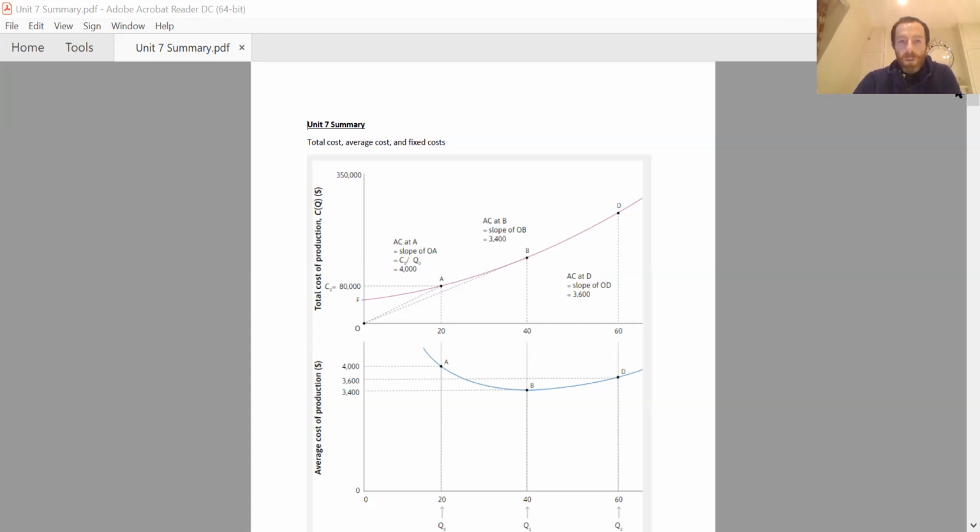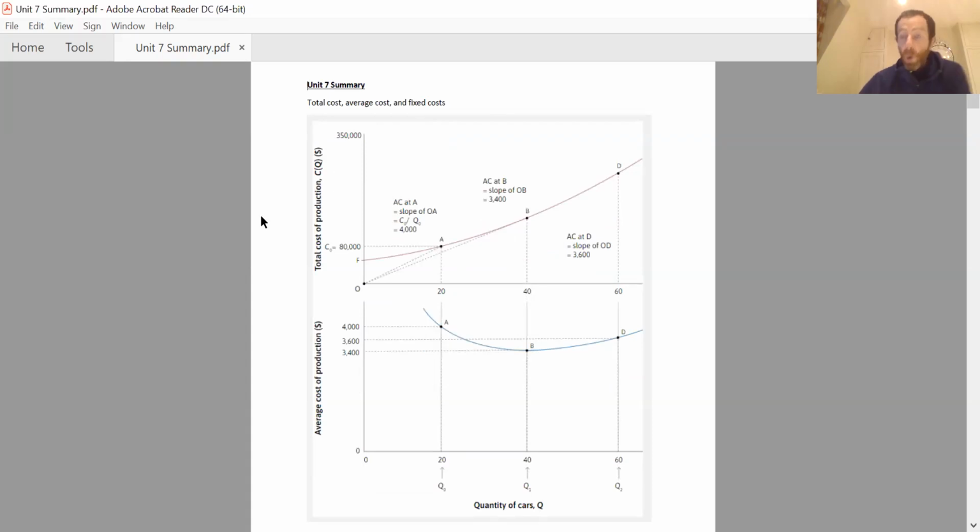The first thing is the total cost, which is sometimes referred to as the cost function of the firm. The idea is that if we put in a quantity of output that the firm is deciding to produce, the cost function will tell us the total cost of producing that.